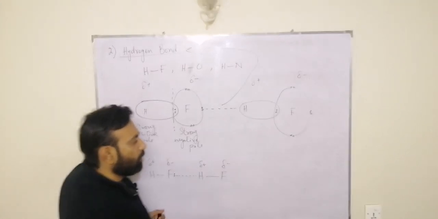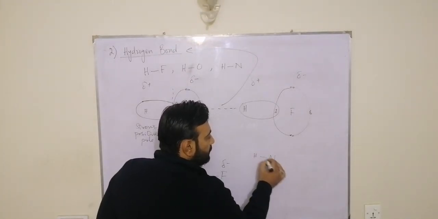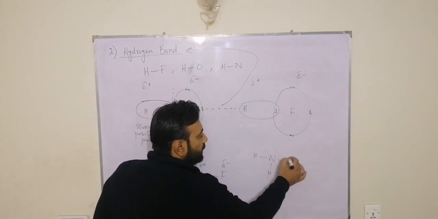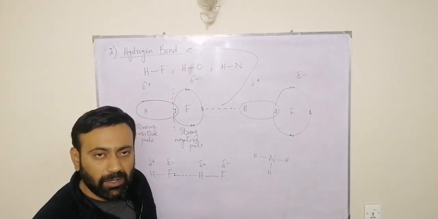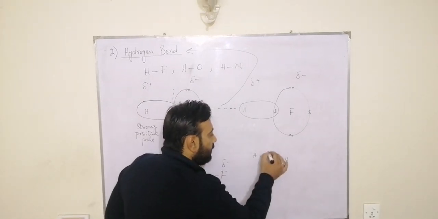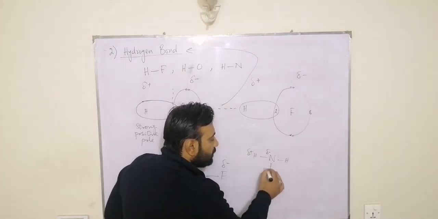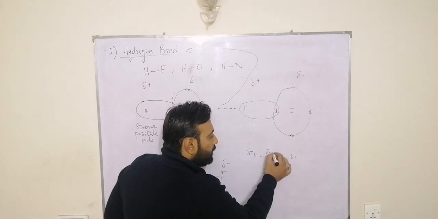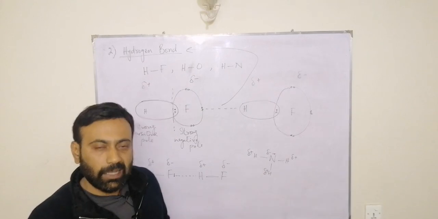Same goes with ammonia, NH3. Now we know that nitrogen has a far greater electronegativity as compared to hydrogen, so it will have a partial negative charge, whereas all the hydrogens will have partial positive charges. And nitrogen also has a lone pair of electrons.